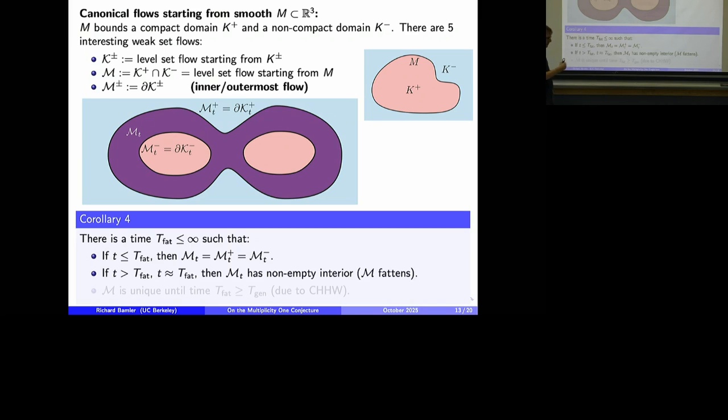And then slightly after the fattening time, they're going to be different from one another, and M has non-empty interior. So this is exactly when fattening happens. And M is unique up until the fattening time, and therefore the fattening time has to be past the generic singular time. Okay? So this kind of confirms this conjectural picture.